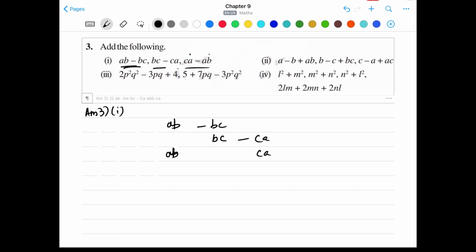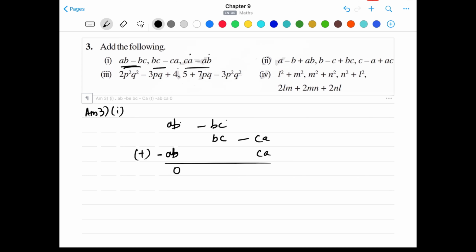Now we are going to add these terms. For that, write the plus sign here. So AB plus minus AB: plus AB and minus AB will become 0.